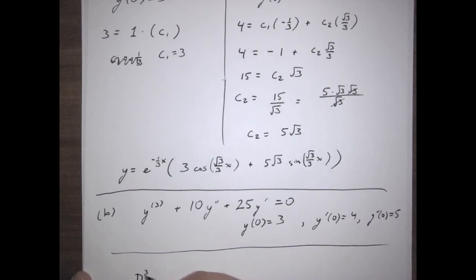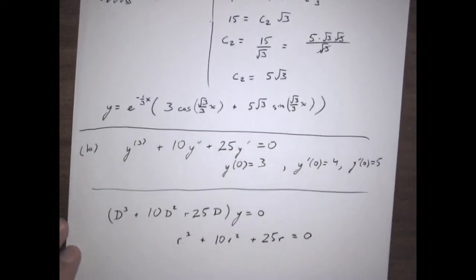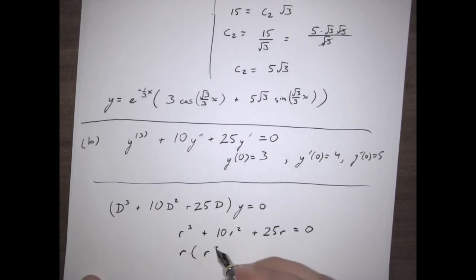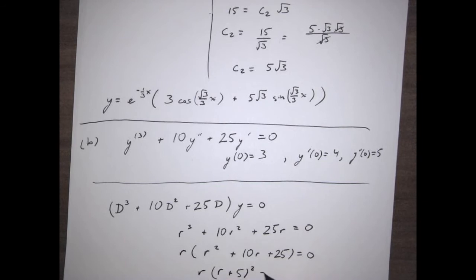Alright, so first off, rewriting this in the form of the polynomial differential operator, we're going to have D cubed plus 10 D squared plus 25D all applied to y is equal to 0, which leads us to the characteristic equation r cubed plus 10r squared plus 25r equals 0, which we can then factor out the r and get r squared plus 10r plus 25 equals 0, which here this is going to be r plus 5 squared times r equals 0.